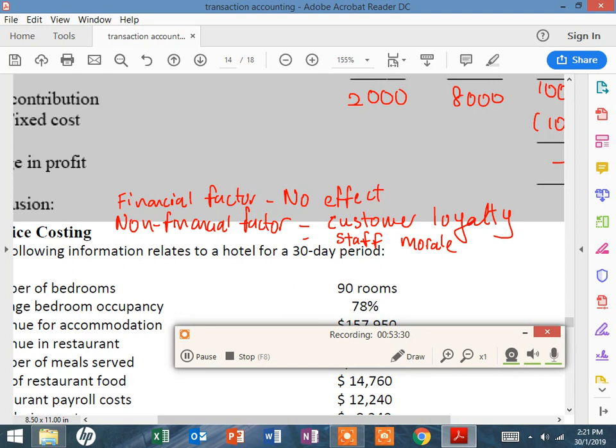If we don't further process, maybe they won't come to us. We have to consider customer loyalty even though we sometimes make losses. Staff morale: we don't make any profit, don't make any loss, and yet we still ask them to further process. So will they be demoralized or not? We will have to consider that.